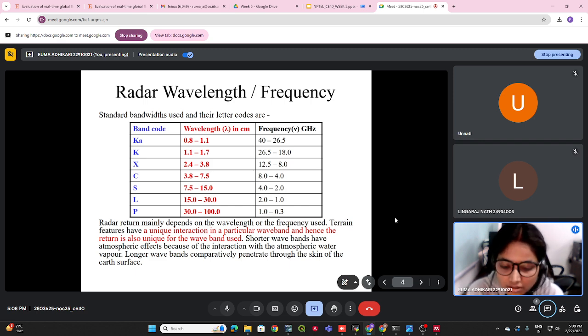Every target returns a signal that varies from wavelength to wavelength. Shorter wave bands have atmospheric effects because of interaction with atmospheric water vapor, and longer wave bands can penetrate our atmosphere to some extent, so they have minimal effect.